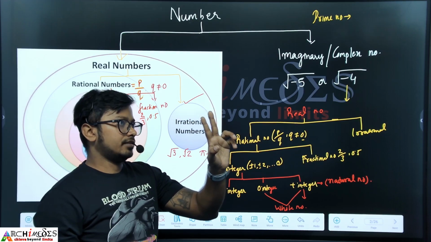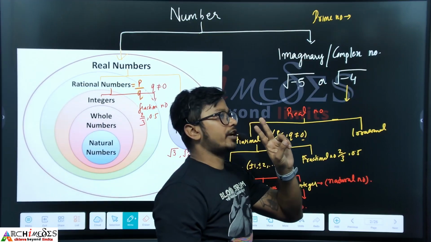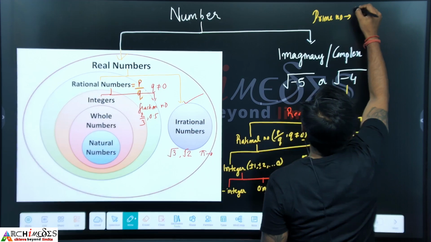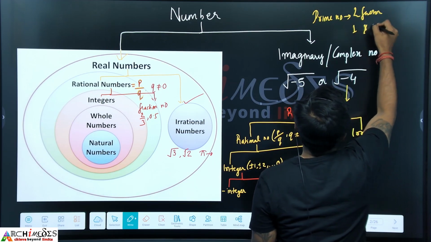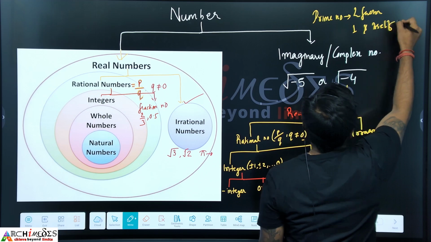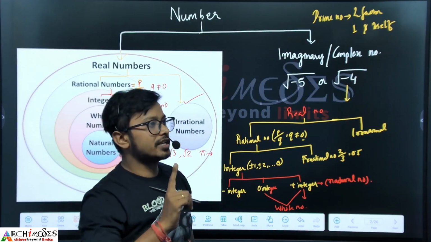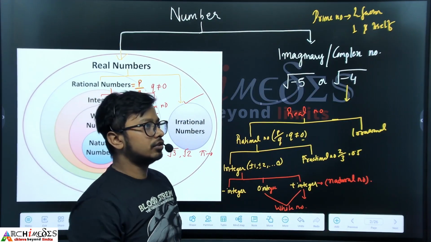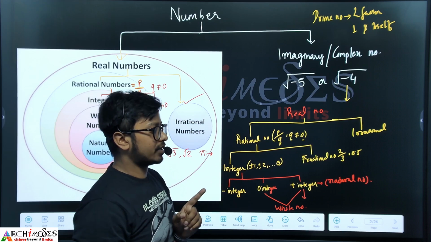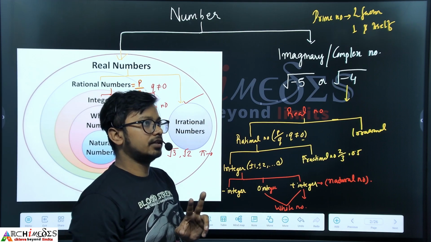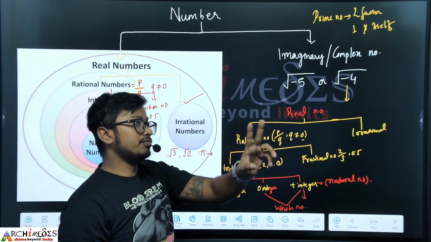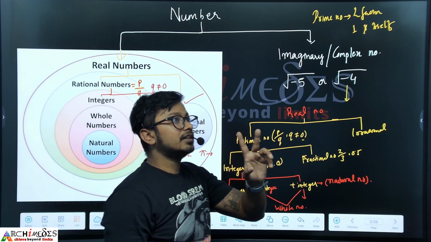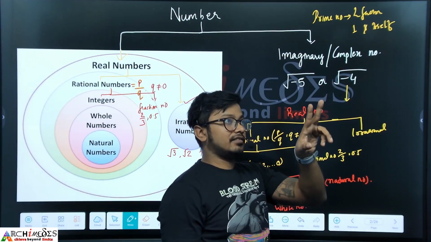Remember that a prime number always has 2 factors, 1 and itself, like 2 has the factors 1 and itself. Never say a prime number has 1 factor. And remember that the factors should be distinct. That is also important. 1 and 2 are different.